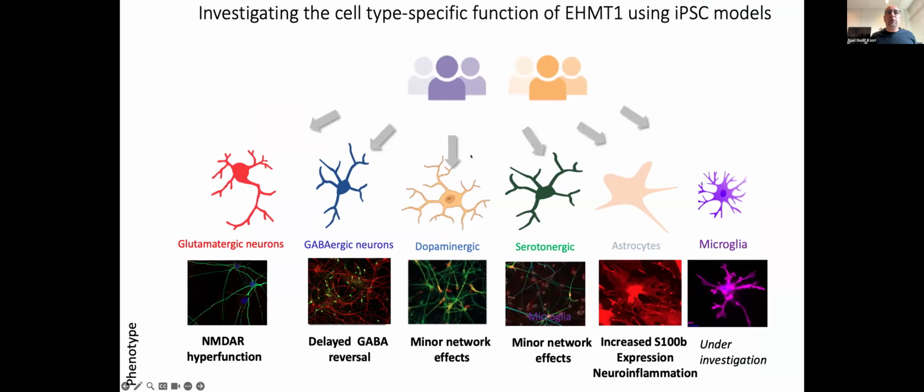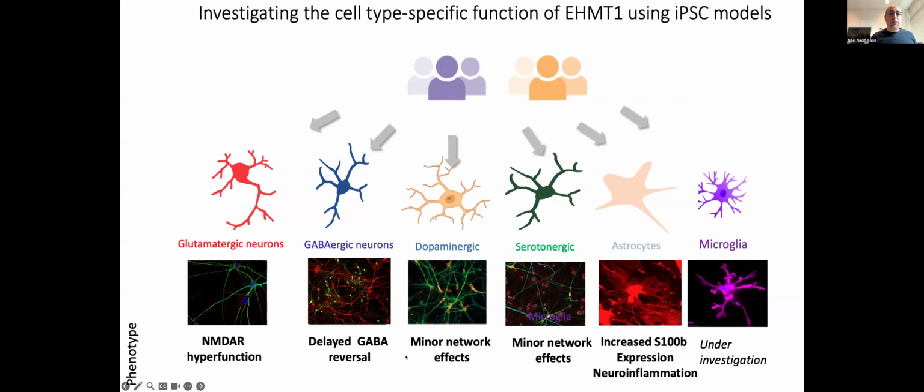Just a little bit of what Eric was alluding to: we have been generating a lot of different cell types in 2D in the lab. We'll not go too much into detail, but over the years we have been looking at the role of EHMT1 in glutamatergic neurons, GABAergic, dopaminergic, serotonergic neurons, astrocytes, and microglia.